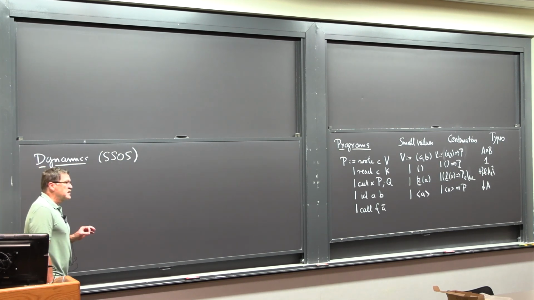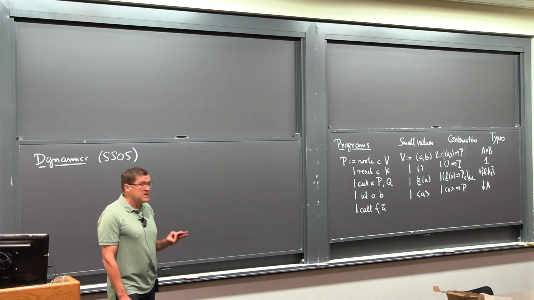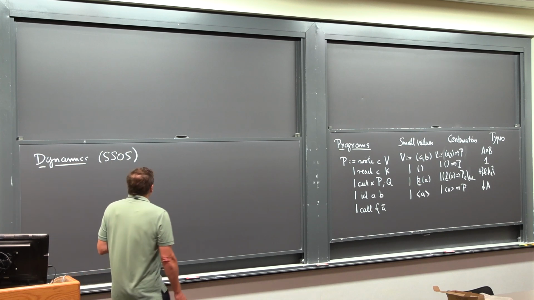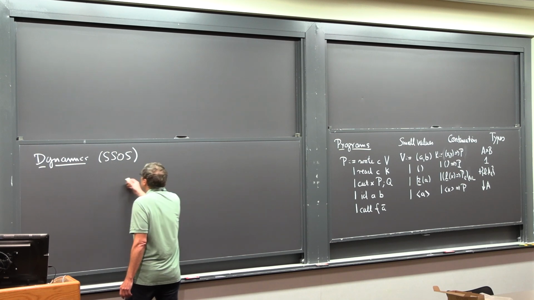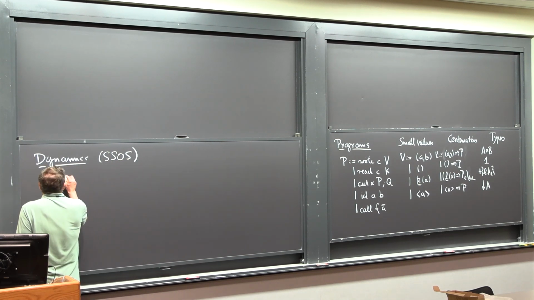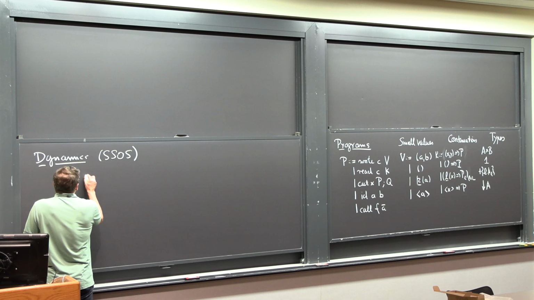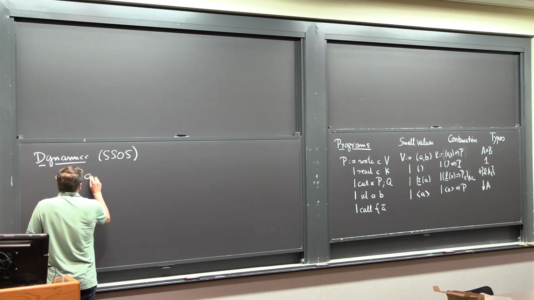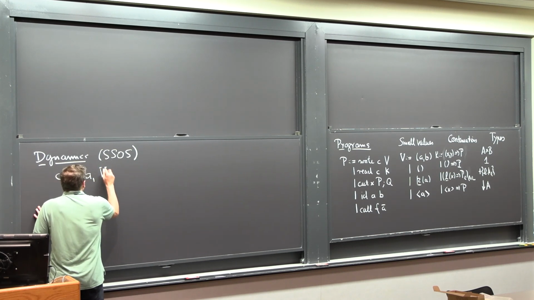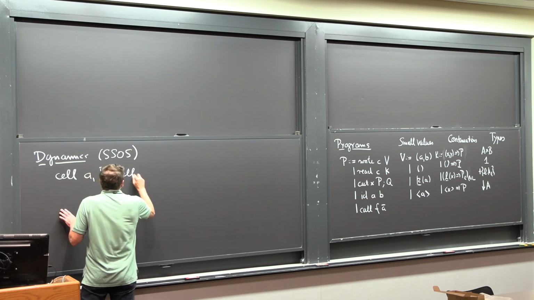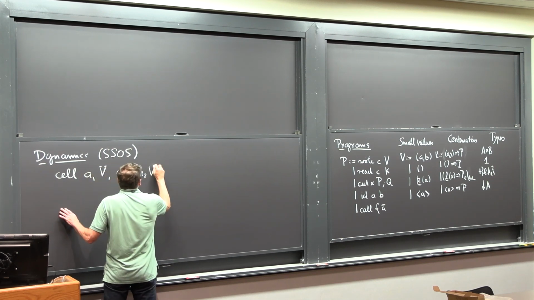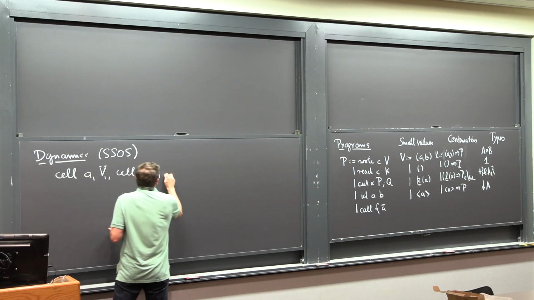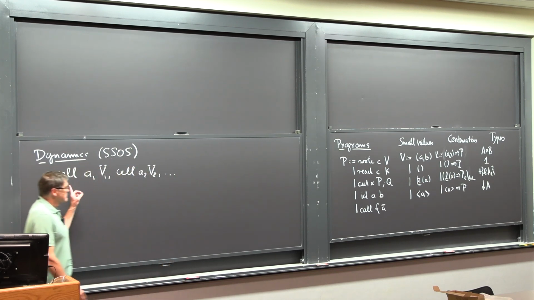So the first thing we have to think about, how do we represent the store, right? Because we read and write from the store. And for that, we have something like, let me write that line. The cell at address A1 has a small value V1. Cell at address A2 has a small value V2, and so on. So we have a bunch of these things.